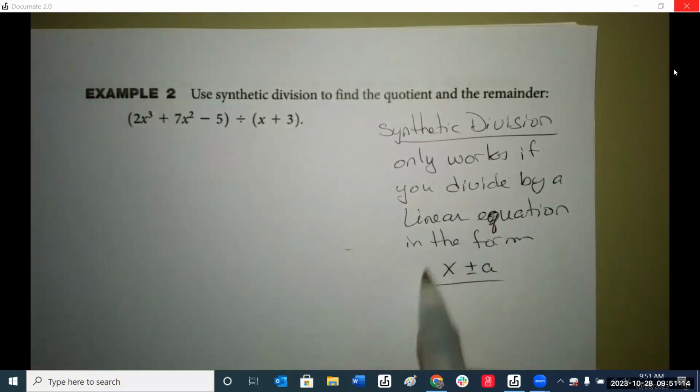If x is by itself, no coefficient, no exponent, and you have a number, then you can use synthetic division.